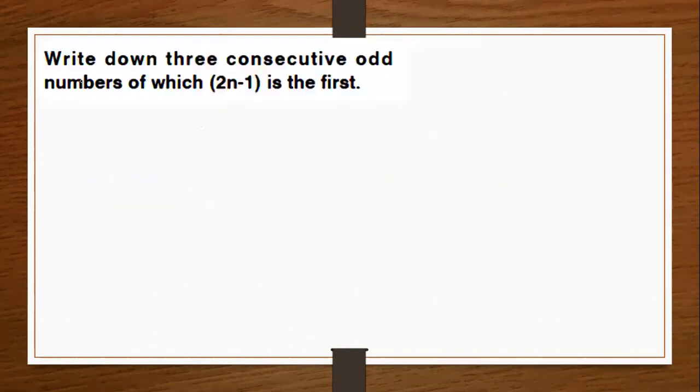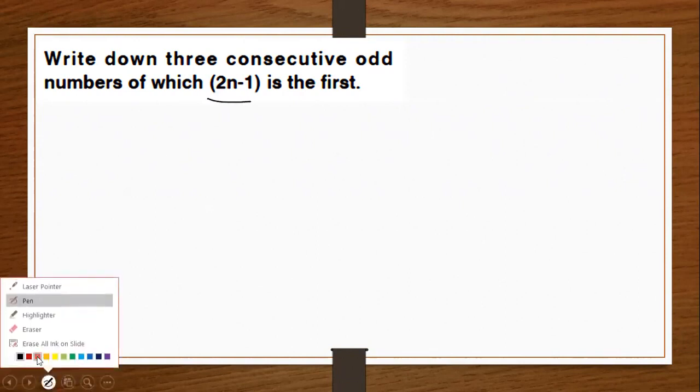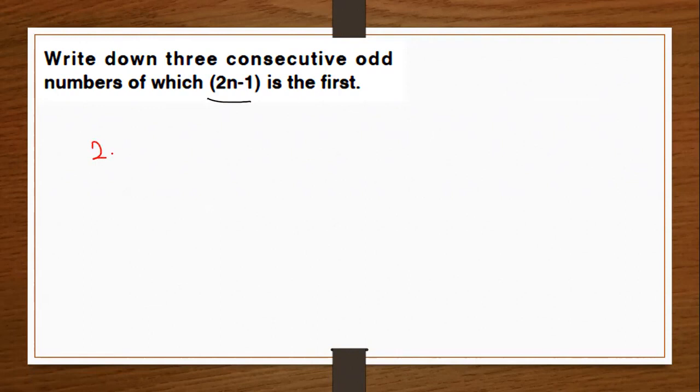For the first question: write down 3 consecutive odd numbers, of which 2n minus 1 is the first. We said it increases or decreases by 2 for consecutive odd or even numbers. Now, this one is the first, 2n minus 1.